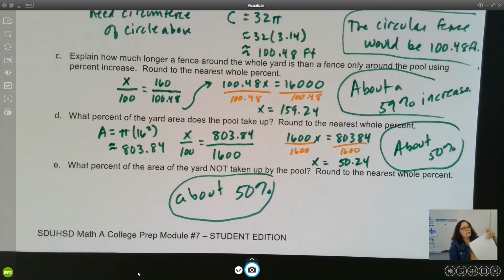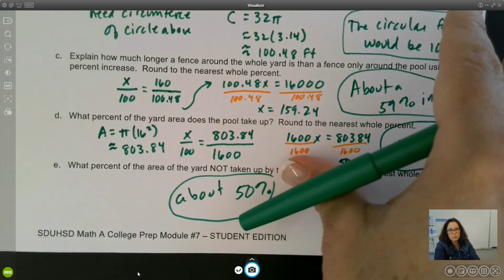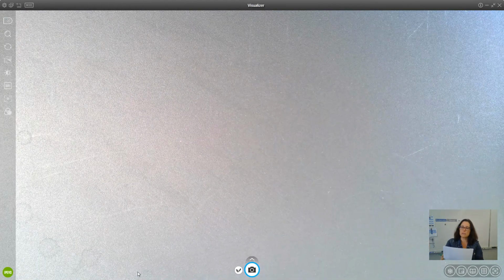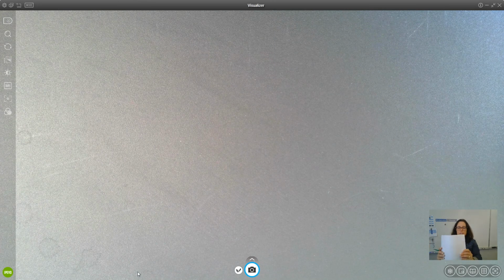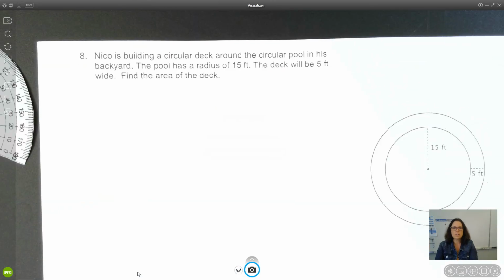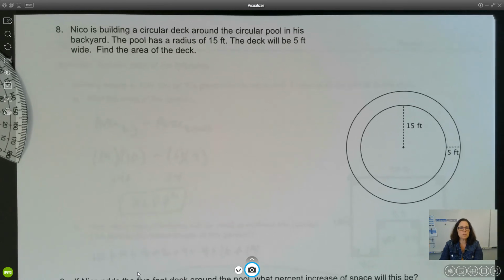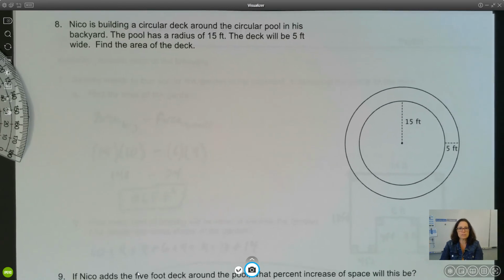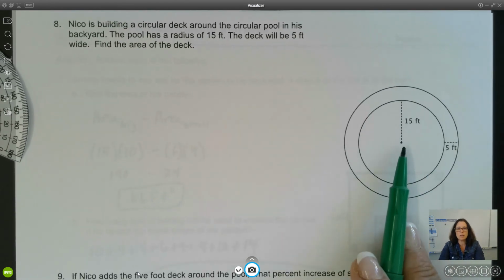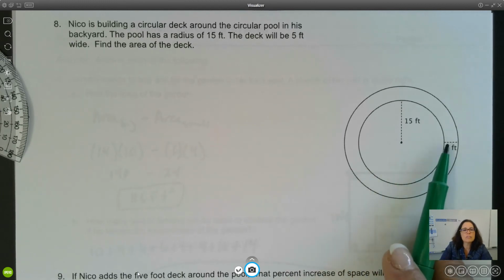All righty. We've got a problem about Nico. Nico is building a circular deck around the circular pool in his backyard. The pool has a radius of 15 feet, as you can see here. The deck will be 5 feet wide, as you can see here. Find the area of the deck.